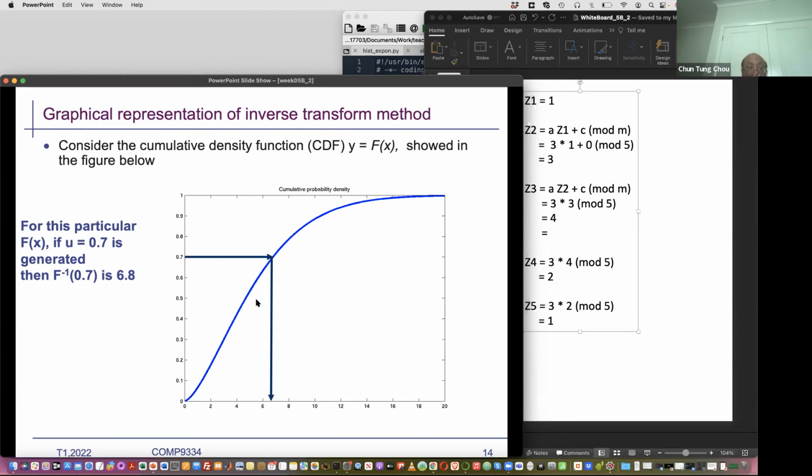So how do you generate the random numbers? Say for this particular fx, this is the blue curve here. If U is 0.7, what's the random number that you generate? From 0.7, draw a horizontal line. When you hit the cumulative density function curve, you drop a vertical line and read this value out, which is 6.8. So the random number that you generated has the value of 6.8. And that's how you use the cumulative density function.